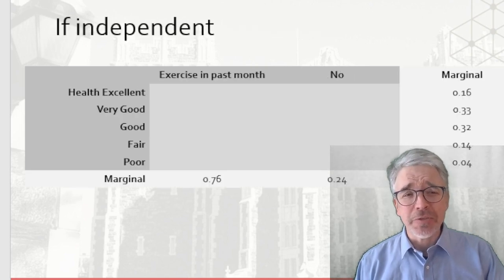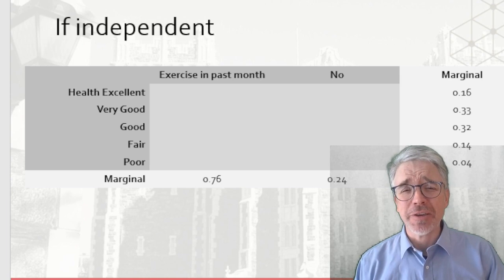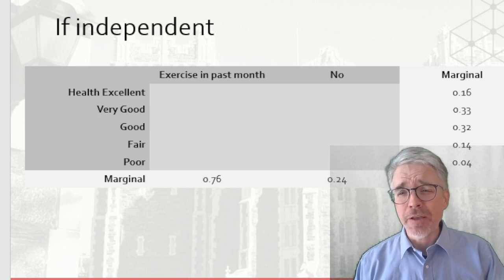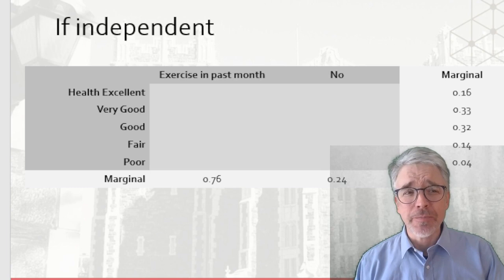To get some of the understanding, let's revert back to the proportions. Even though I told you that's not the basis of the test, it's part of the understanding of how the test is put together. Suppose these two categorizations were independent. Then the proportion of people who answered excellent health and exercise would be the 16% who answered excellent health times the 76% who answered yes, they exercise, and so forth for each box in the table.